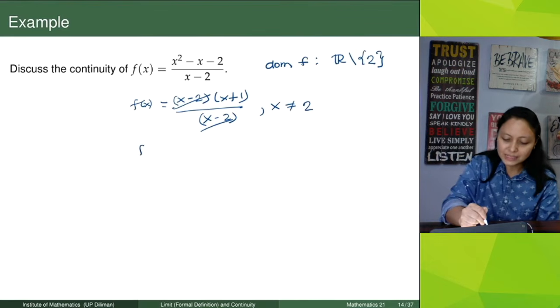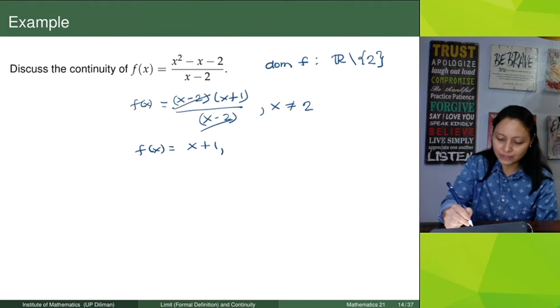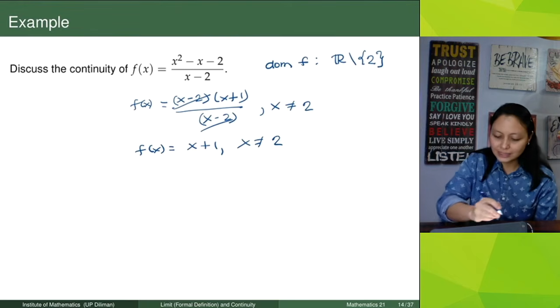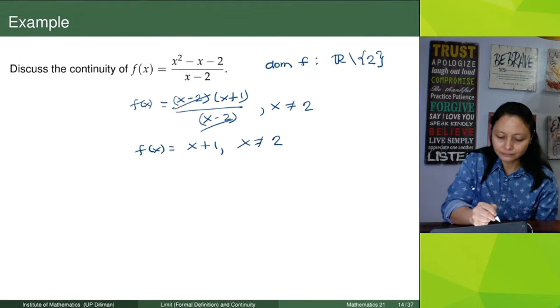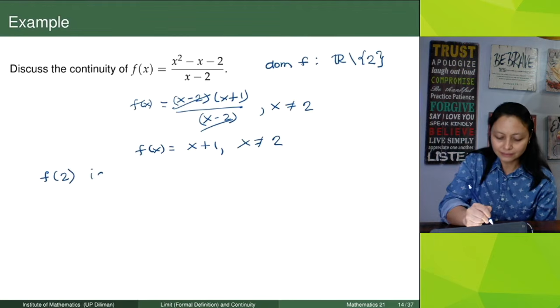Okay? So, same sila ng graph ng f of x equals x plus 1, but you have a hole at 2. So, in this case, we say that f of 2 is undefined.